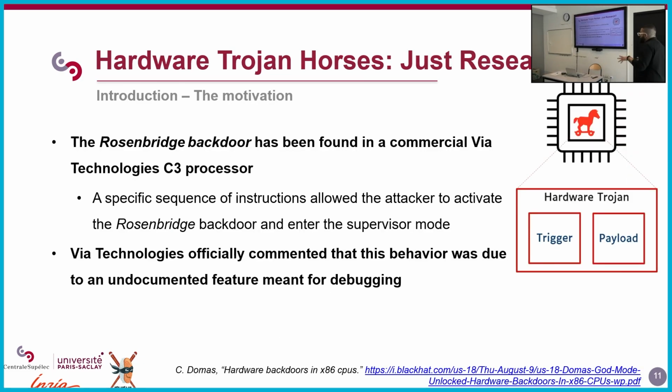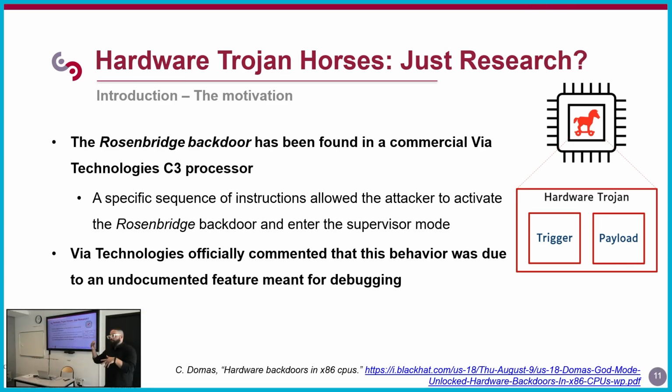Just to give some examples regarding hardware Trojans: in the C3 processor by VIA Technology, a backdoor was found. By executing a particular sequence of instructions, the attacker was able to grant permissions and escalate privileges.